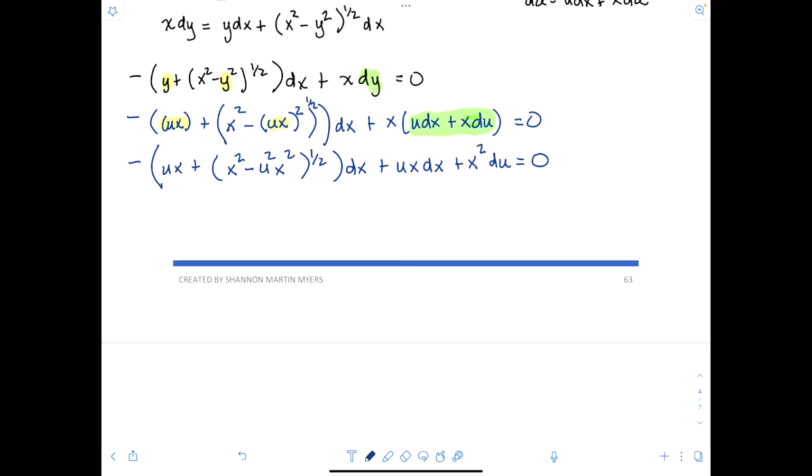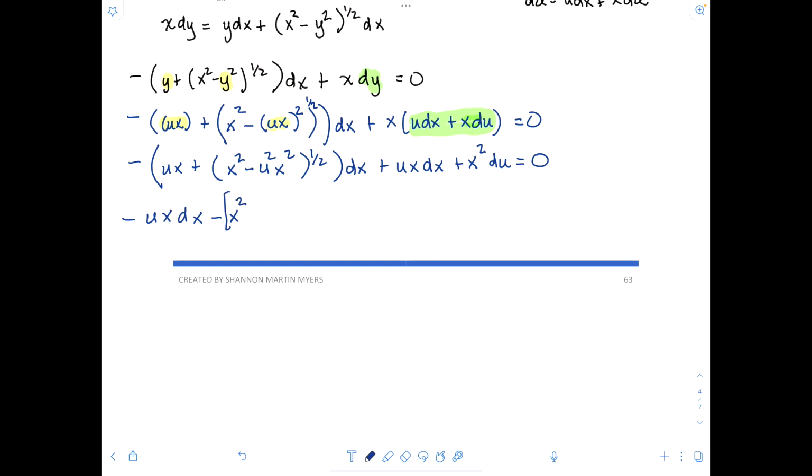Okay, so I'll be able to factor an x squared out from that quantity in there. So let's work on that. I'm going to also distribute the negative. So we'll have negative u times x. When I distribute the dx, I'll get my dx. So I'm distributing the negative and the dx. And then we will have minus x squared.